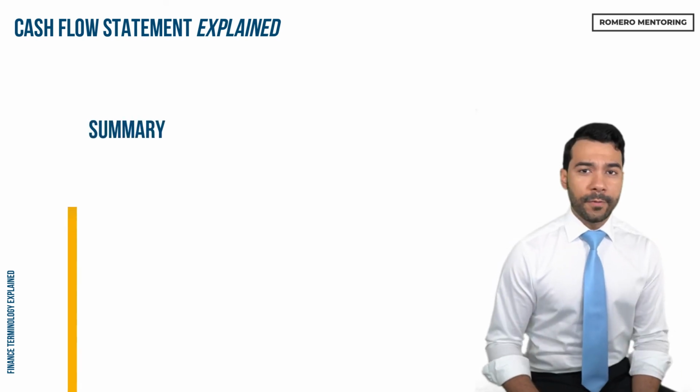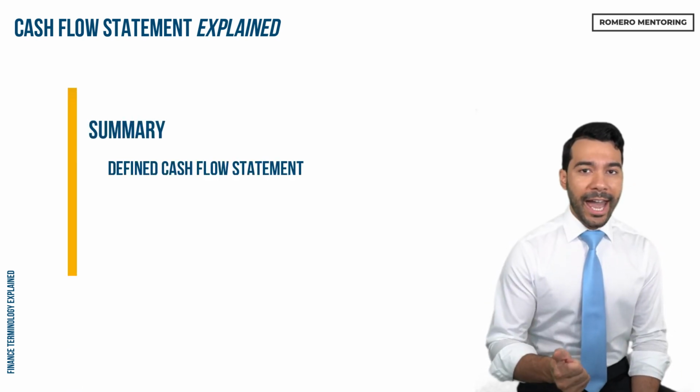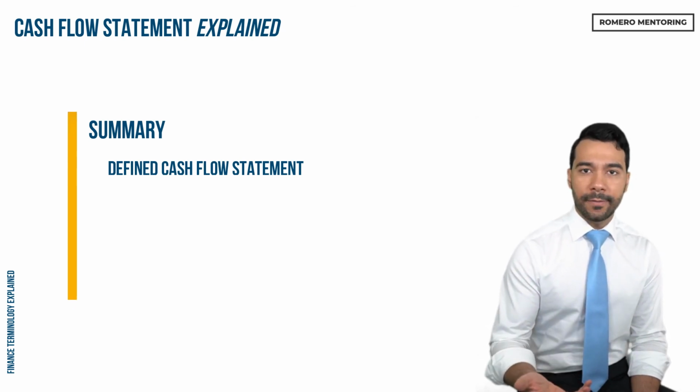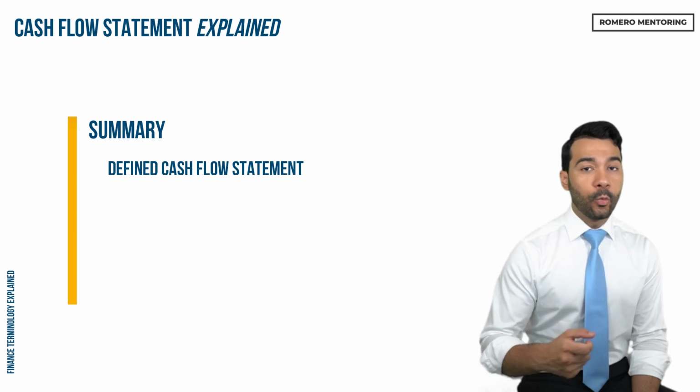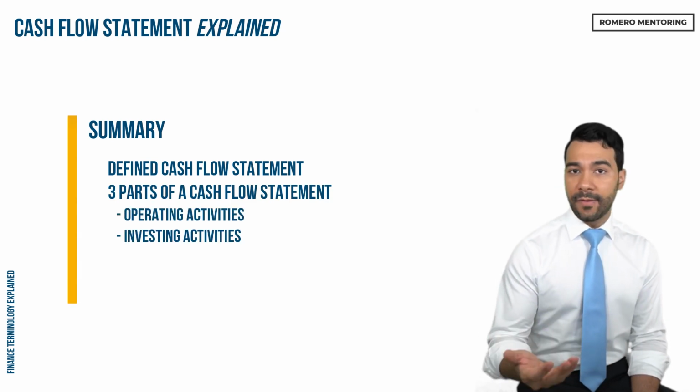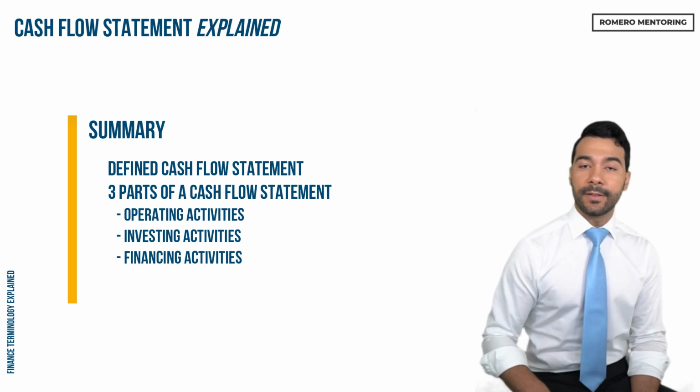Now, let's summarize what we've done. We first defined what a cash flow statement is: a measure of a company's cash flow activity over a period of time. We looked at the three sections of a cash flow statement: the operating activity section, the investing activity section, and the financing activity section.